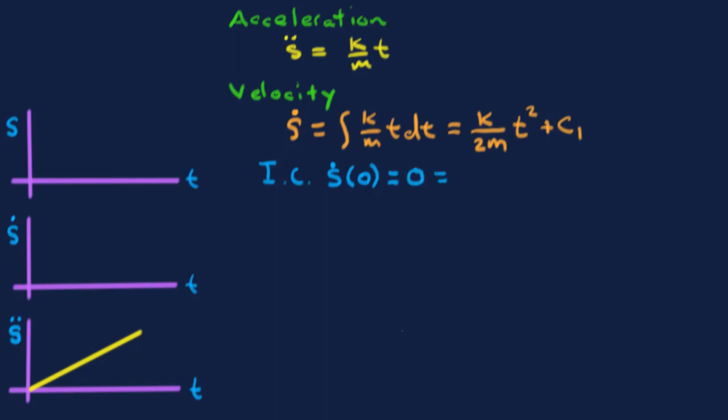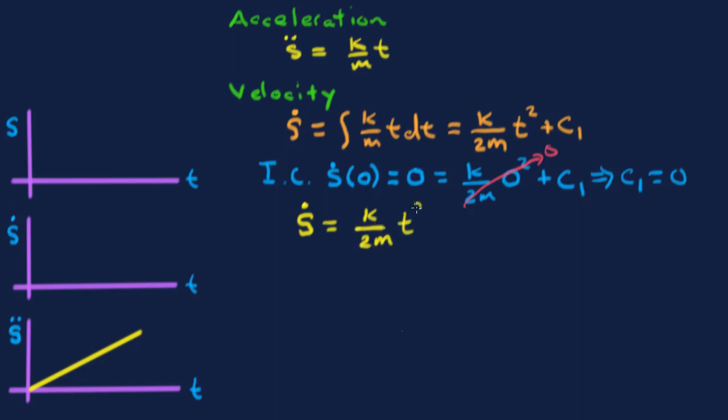So if I take this expression for s dot here and substitute time equals 0 in there, I get 0 squared times k over 2m plus c1. And of course, this 0 squared just annihilates this entire term, leaving just c1 must be 0. Therefore, we find out that the expression for s dot, or our velocity, is just k over 2m times time squared.